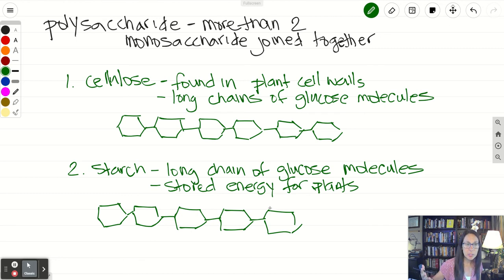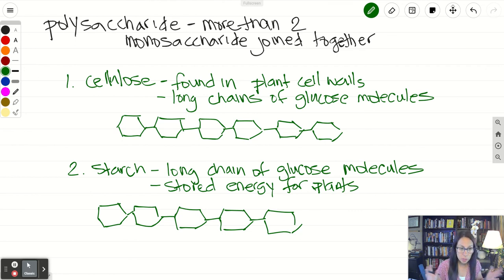And if the plant needs energy for all these different things like growing or making a flower or making a fruit or making new branches or whatever the plant needs to do, it's going to take some energy from the potato and use it. Okay, we like to take the potato and eat it because it's delicious and it's full of energy. Okay, so the plant is actually making it for itself, but we take it and we eat it.